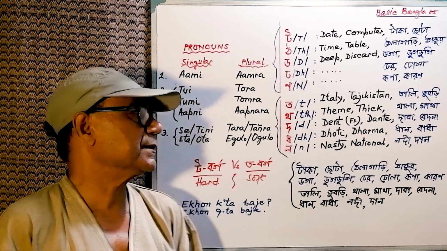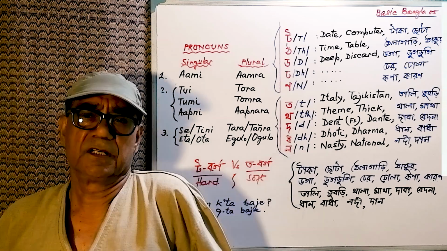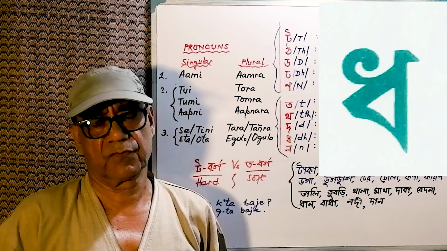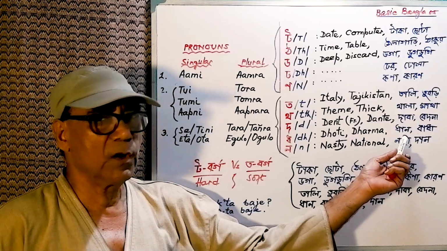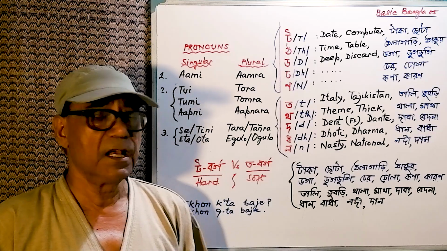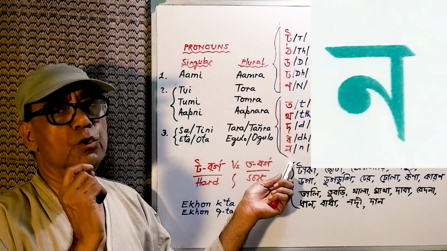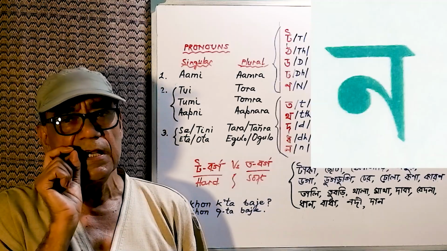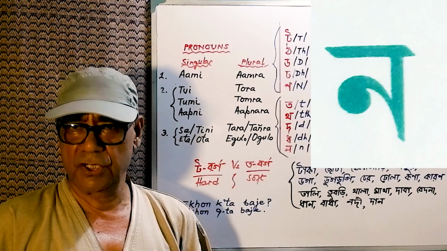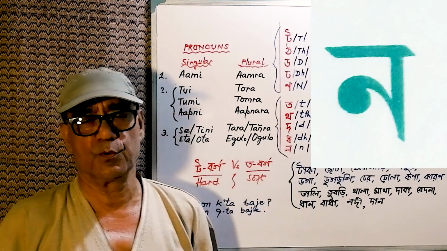Da sound is there. Now come to dha sound. This dha sound is absolutely absent in the English language. So we have to borrow from Bengali: dhan, paddy, grain, and badha, resistance. Then dantanno. Dantanno means your tip of the tongue touches the back part of your teeth, and then the sound is produced.